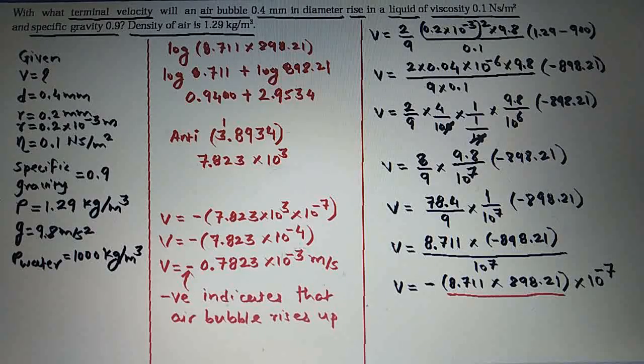So this is the final answer of this numerical, that is V is equal to minus of 0.7823 into 10 raised to minus 3 meter per second, and this negative sign indicates that the air bubble rises up, and this is the total solution of the problem.